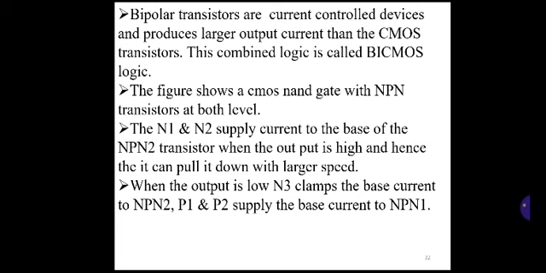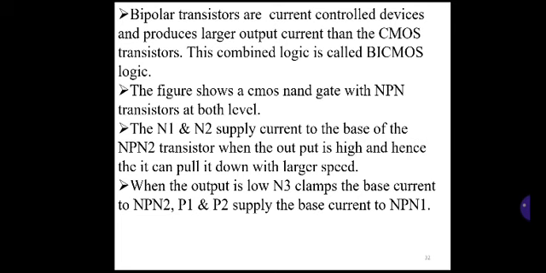That's why it is called a current controlled device, and it produces larger output currents than the CMOS transistors. So when we combine the CMOS and bipolar junction transistor, that is BJT, this combination is called BiCMOS logic. The figure shows a CMOS NAND gate with NPN transistors at both levels.